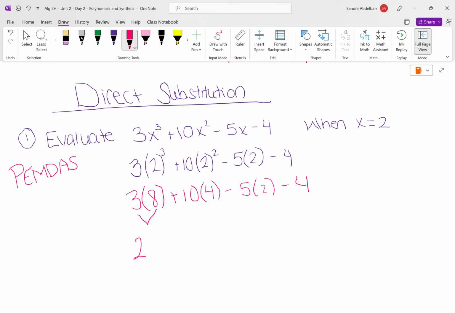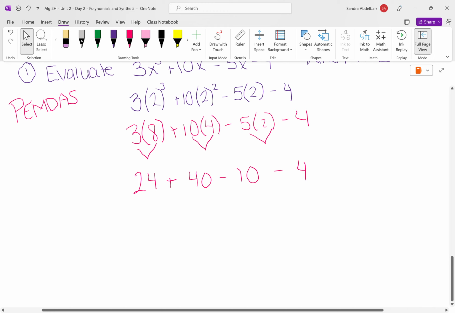Now I'm going to take care of all my multiplication simultaneously. So 3 times 8 is 24, 10 times 4 is 40, negative 5 times 2 is negative 10.